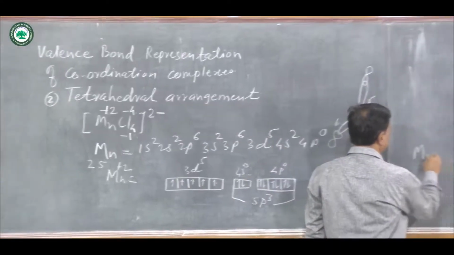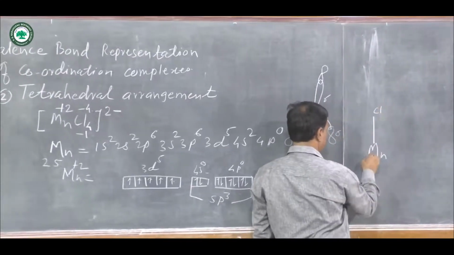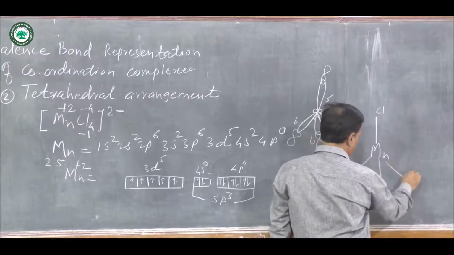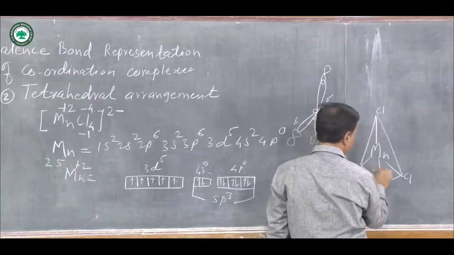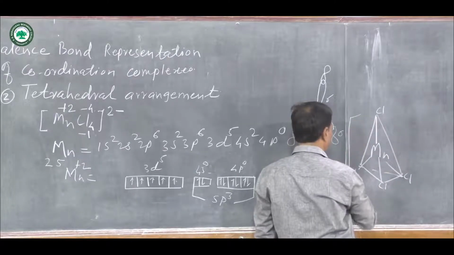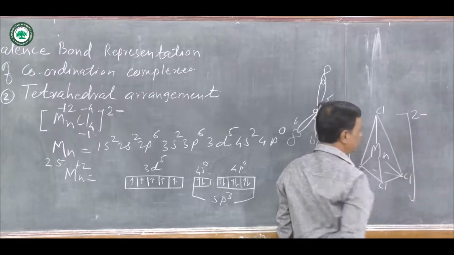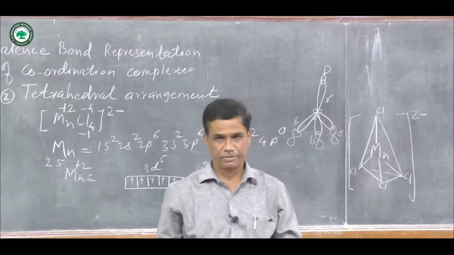Here manganese is at the center position, 1 chloride here, then the 2nd chloride here, 3rd chloride here, 4th chloride here, and it is represented in square bracket, and the charge on that complex ion is 2-.